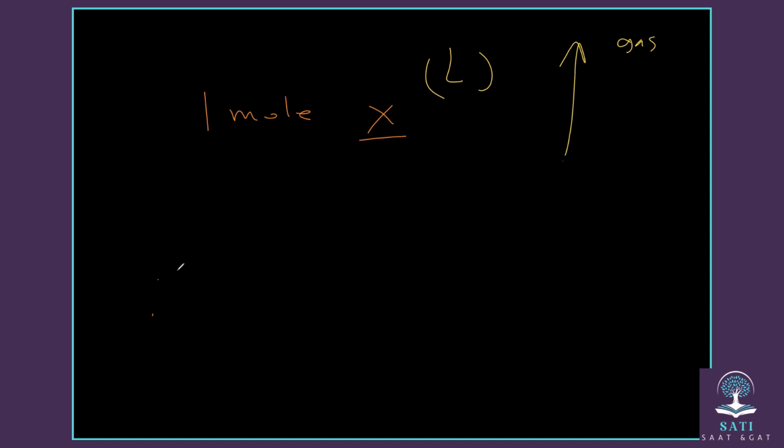Good. So what is the energy that we need to give this 1 mole of a substance to change it from liquid to gas? This one is called the molar heat of vaporization.